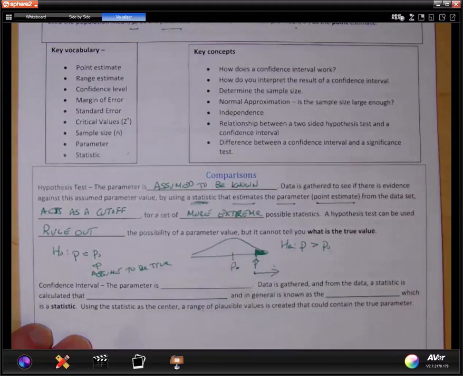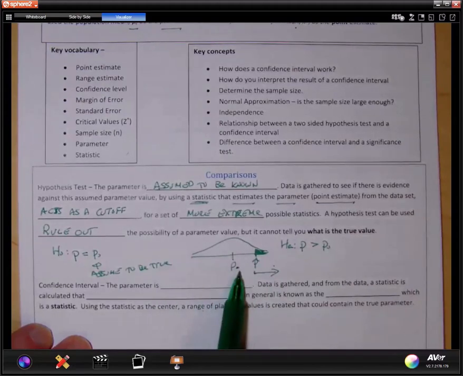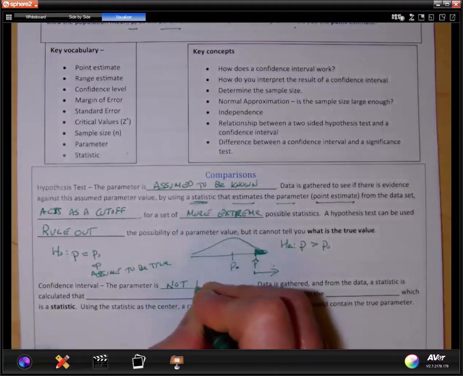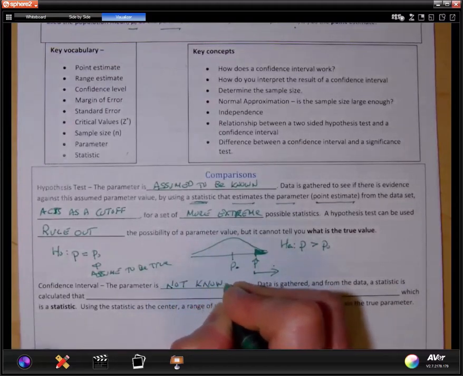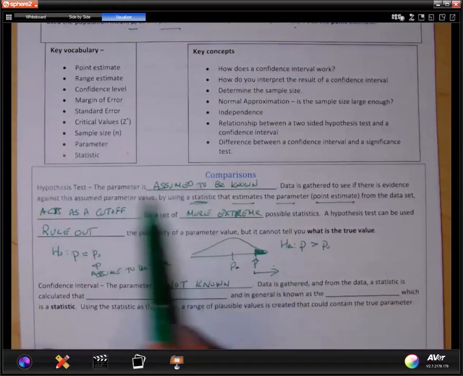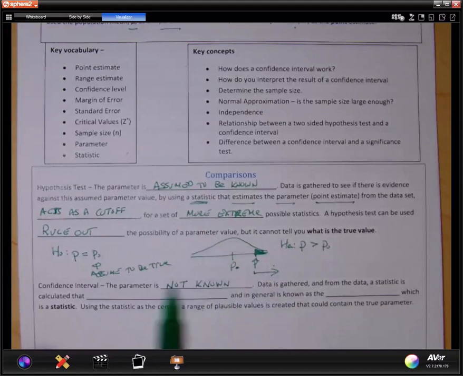But once we rule this out, the question is, if it's not that, then what is it? Enter the confidence interval. The parameter is not known. That's the logic here. So what I'm describing is the logic of a hypothesis test, how we view it, versus the confidence interval, how we view it. And in the confidence interval, the parameter is not known.